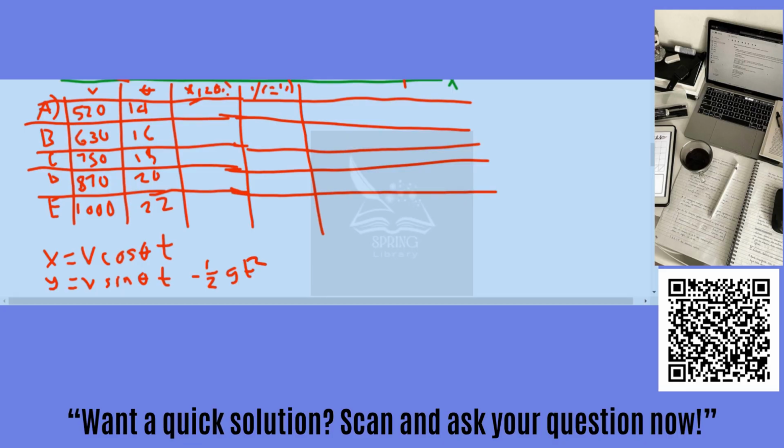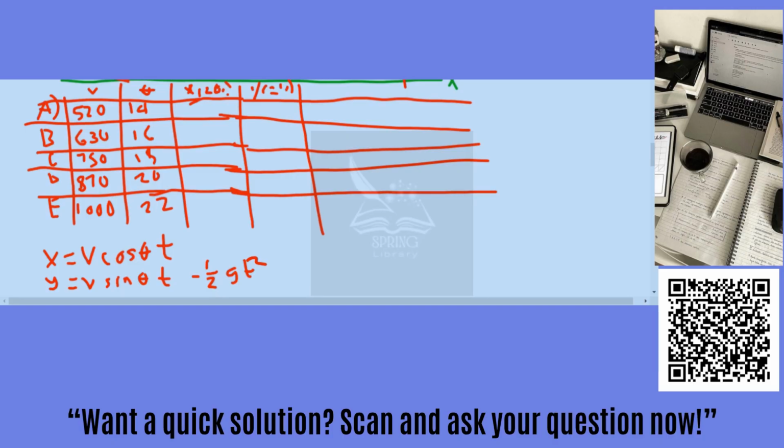Then x equals v cosine theta multiplied by t, and y equals v sine theta multiplied by t, minus 1/2 g t squared.